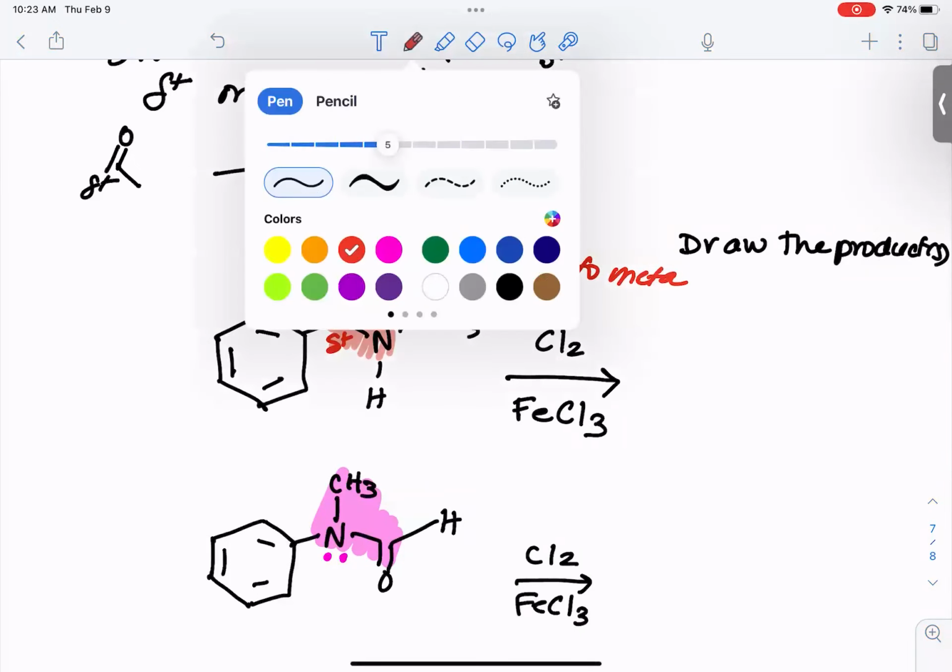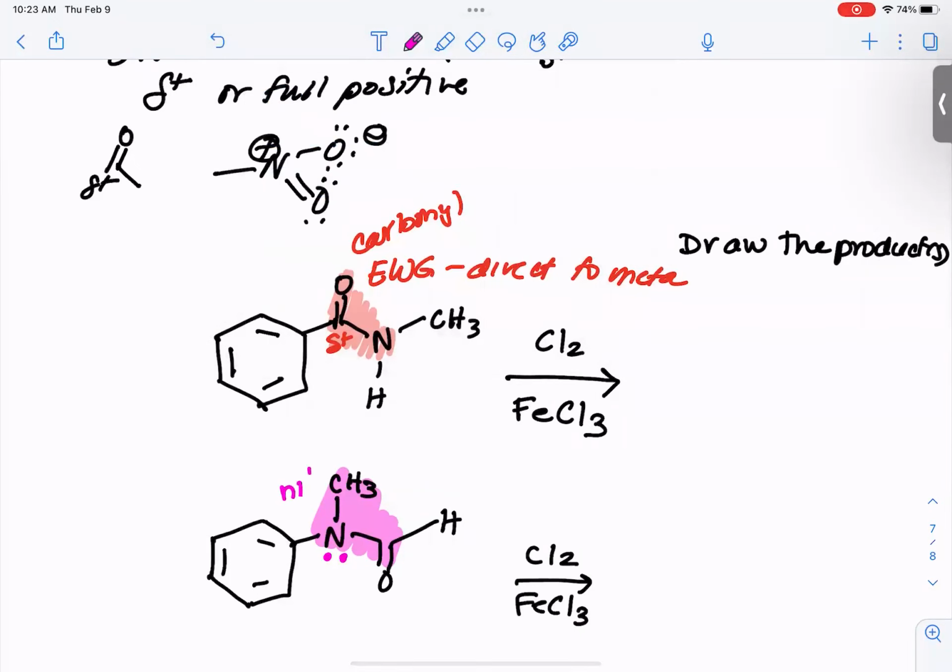In the second orientation, you have the nitrogen attached. So when you have the nitrogen directly attached, is that an electron withdrawing or an electron donating group? It's donating in this orientation. So you have ortho para direction. So now draw the products that you would get for these reactions.